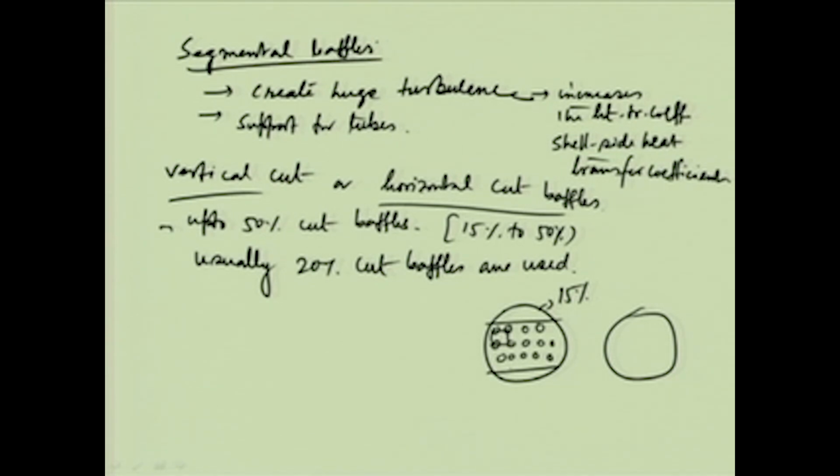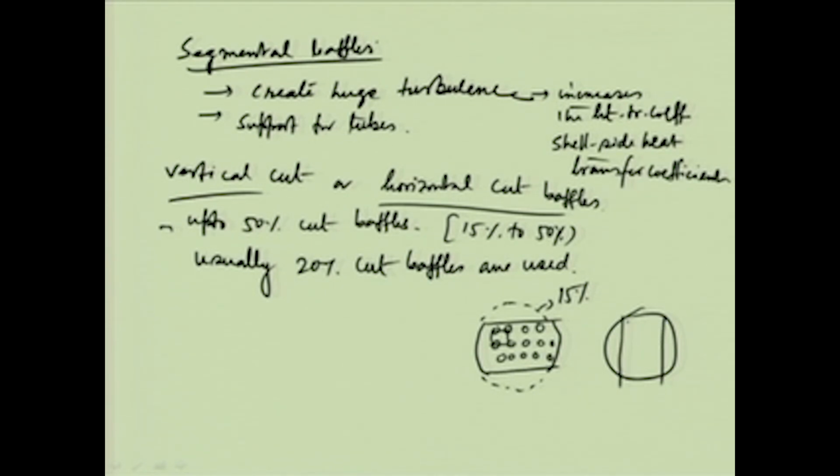So in this portion there is nothing. After you cut it, the baffle will look like this, and this portion was initially there and now it is not there. And there could be even the vertical cut also like this.